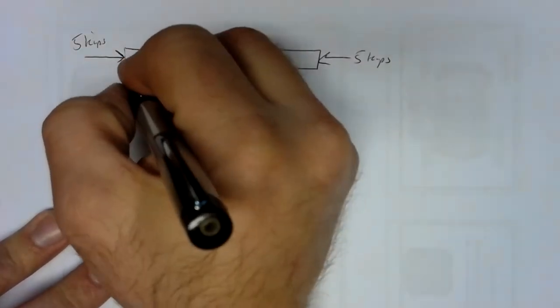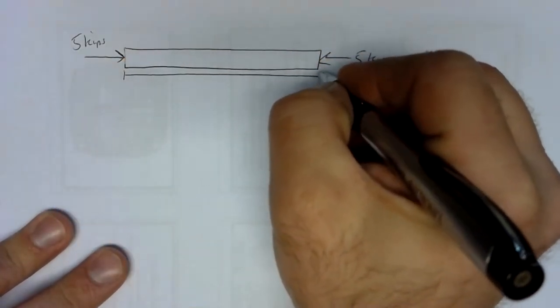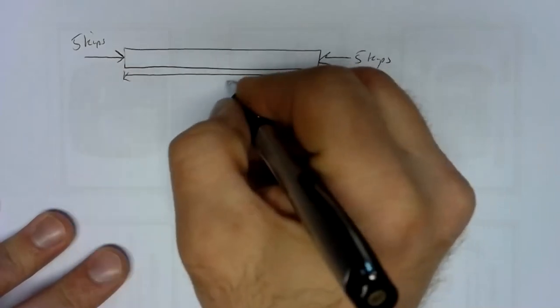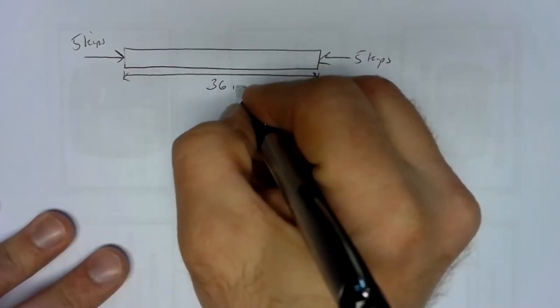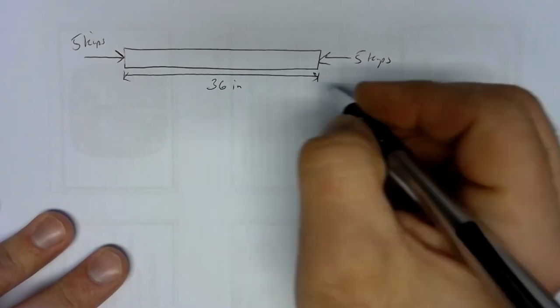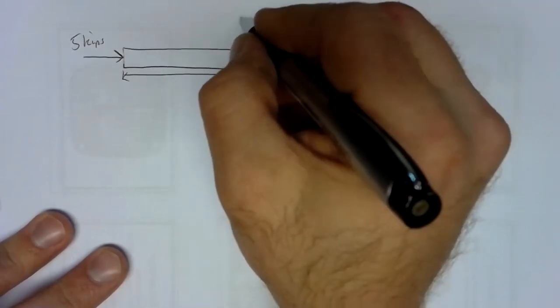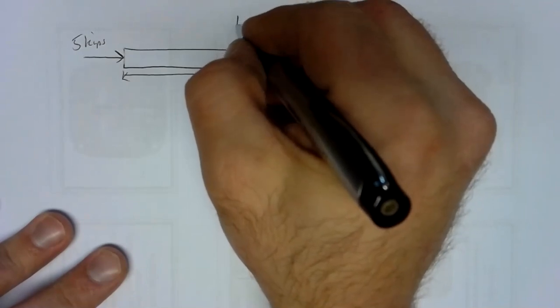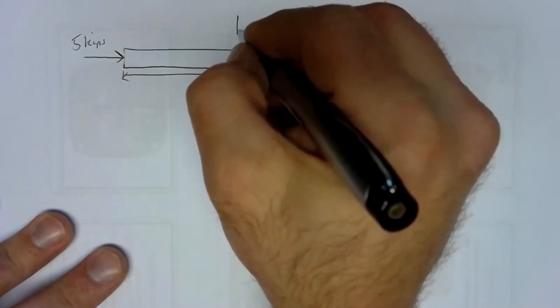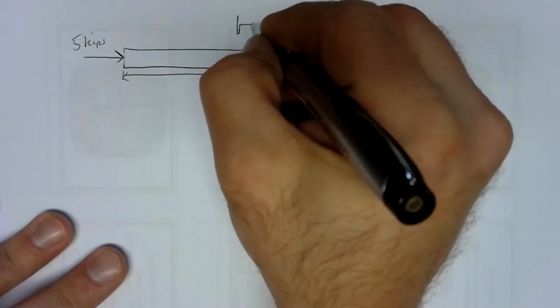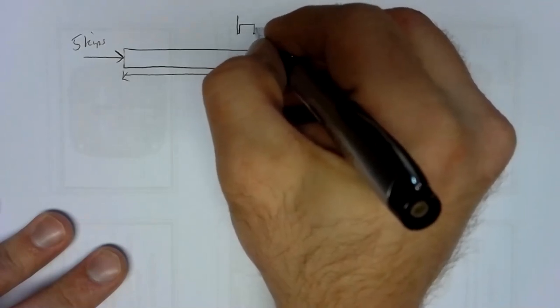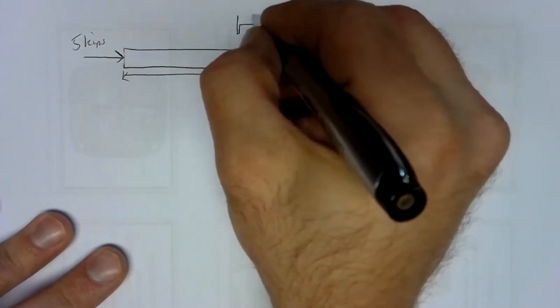And let's see, we'll make this 36 inches long, and we'll give it a cross section of, let's do a little I-beam. So something that looks sort of like this.